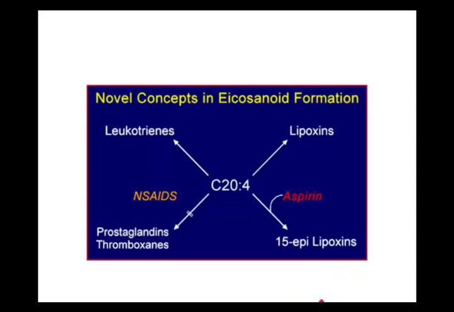Right? And so this is a unique group of compounds that are essentially only produced in vivo when aspirin is on board. Okay, you wouldn't find these compounds in nature. At least nobody has yet. Maybe they're out there.